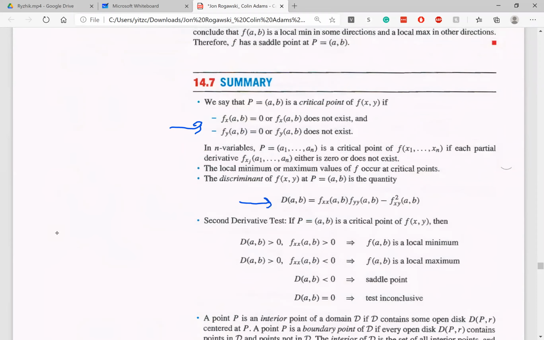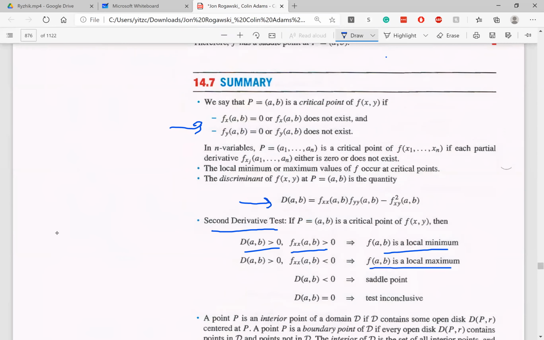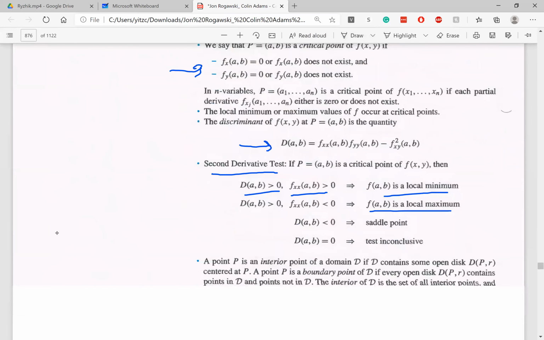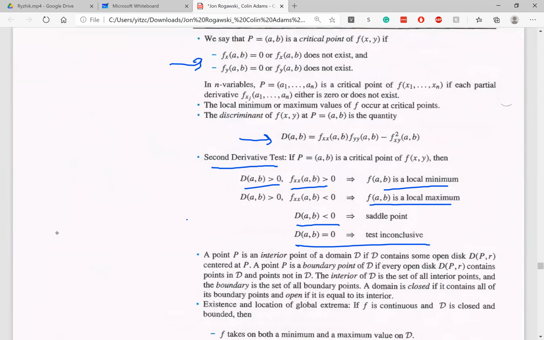We use D in order to apply the second derivative test. If D is bigger than 0 and the second partial is bigger than 0, we have a local minimum. If the second partial is less than 0, we have a local maximum. If D is less than 0, we have a saddle point. And if it's equal to 0, we cannot use the test and do not know anything.